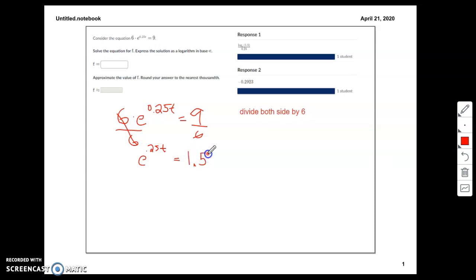Okay, all right, awesome. What did you do next to get rid of this e? So to undo the e, what did you do?